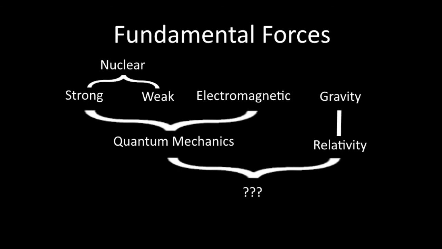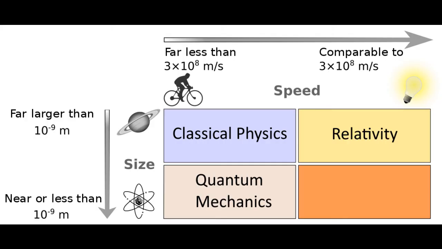So the result of this probably will lie in the 4th and final quadrant of this grid. The current theory that is aiming to do this is called quantum gravity, and that's what this part is. So this field would be looking at relativistic speeds, so speeds near to the speed of light, but also at sizes that are at the atomic scale.